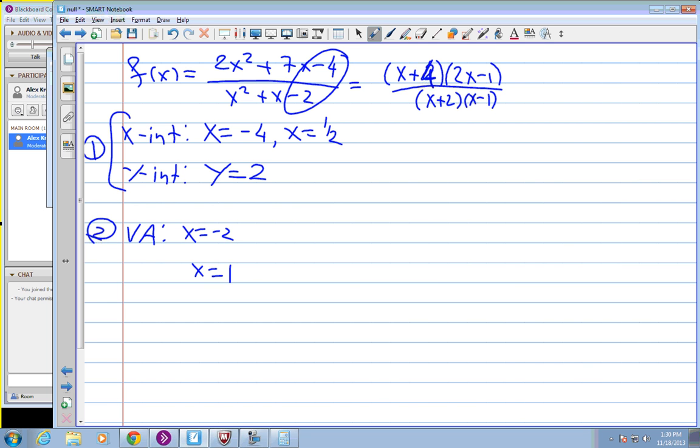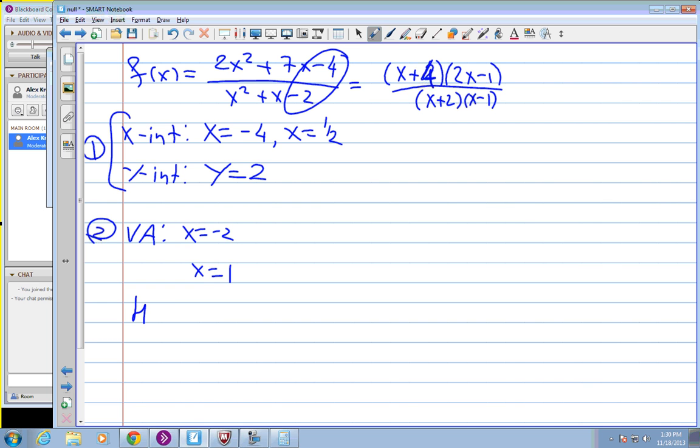If you cancel something from the denominator, it's no longer a vertical asymptote. It just creates a hole in the graph, but you don't get an asymptote. So if you reduce x plus 2, x equals negative 2 will no longer be an asymptote, but you'll just have a hole at negative 2 in the graph.